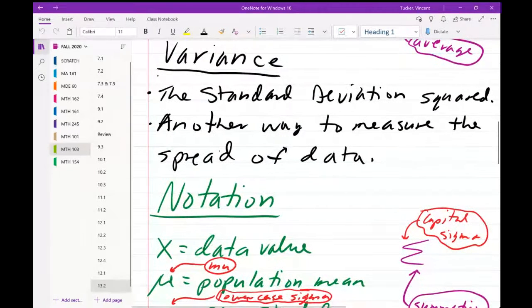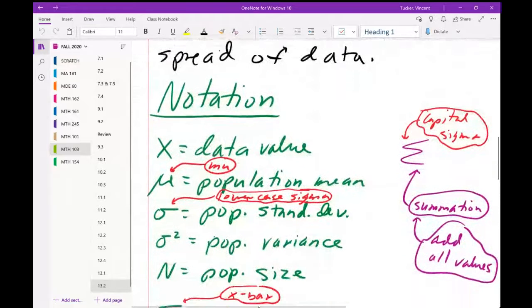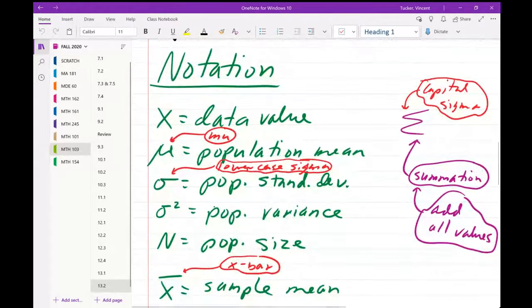All right. Notation. X is going to represent our data value. Then we have the Greek letter mu, which is your population mean, population average. Lowercase sigma is your population standard deviation. Lowercase sigma squared is your population variance.